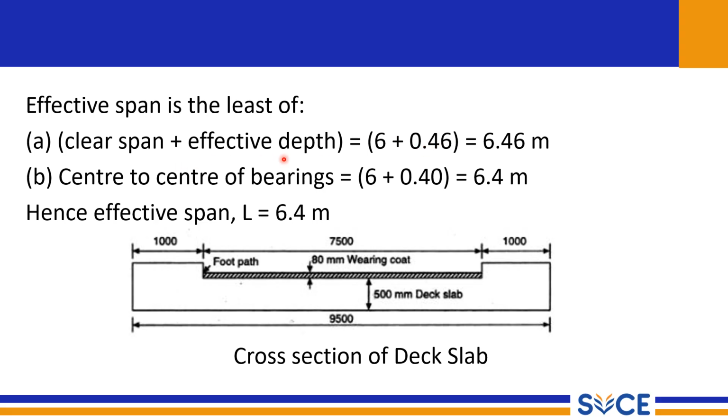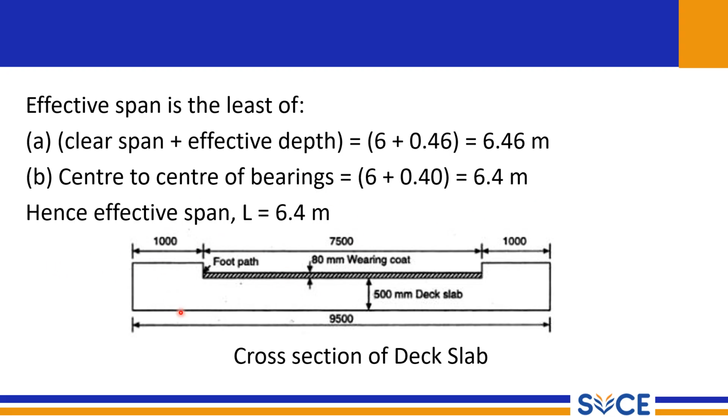So the effective span is equal to clear span plus effective depth, 6 plus 0.46, that is 460 mm, which is 6.46 meters. Similarly, the center to center of the bearings is 6 plus 0.2 plus 0.2 on either side, so it is 6.4 meters. Therefore the effective span L is equal to 6.4 meters.